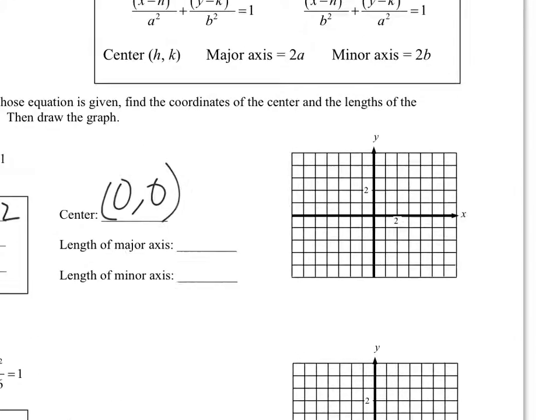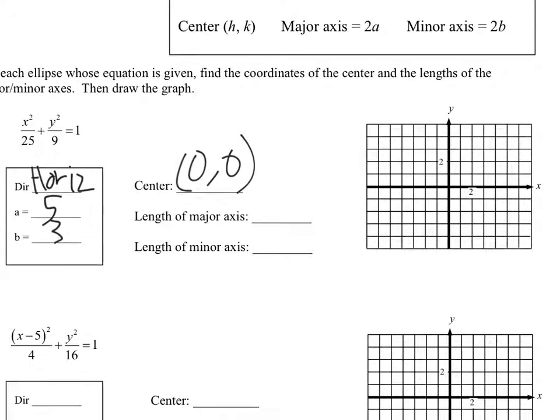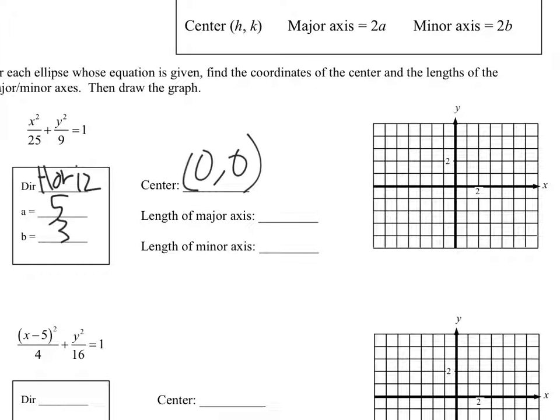Okay, so I'm just going to zoom in a little bit so we can see a little better. Okay, so we know the center is at 0, 0. So I'm going to go ahead and plot that with the center. We have a is 5. So that tells us that we're going to go 5 in each direction for the horizontal.